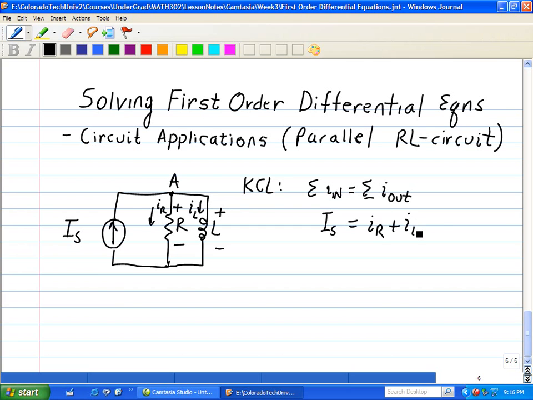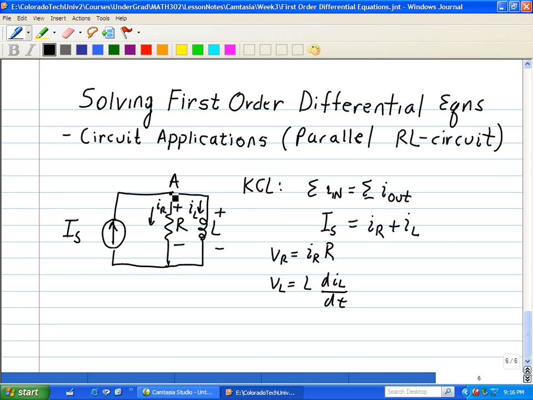Now, using our element circuit relationships in terms of voltages and currents, we know that the voltage across the resistor using Ohm's law is I_R times R, and the voltage across the inductor is L dI_L/dt.